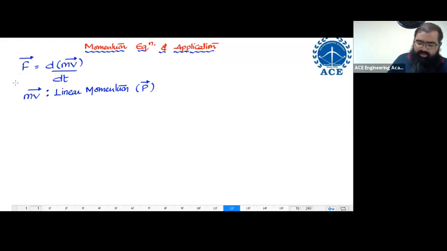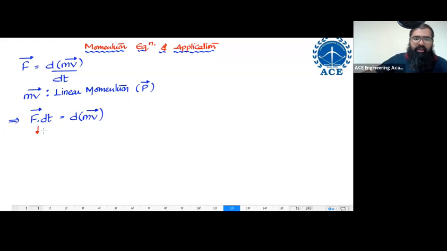Now from here, we can imply that F times dt has to be equal to dmv. Now this F dt, which is the left hand side of this equation, is called impulse.